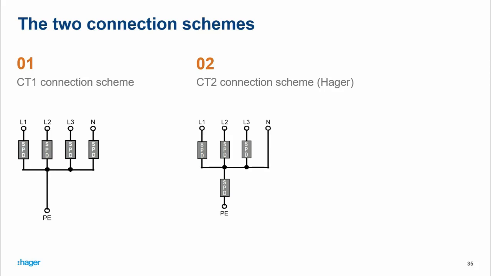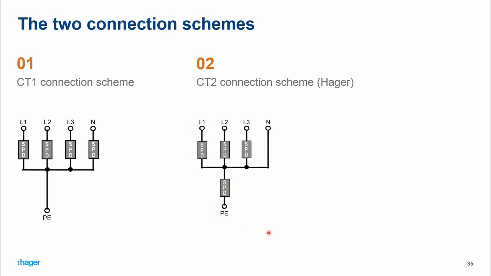CT2 provides more protection than the CT1, for the obvious reason, as you can see: the CT1 connection always protects with one SPD component between the line and PE, whereas the CT2 connection always has one SPD connection between line and neutral and two SPD components between line and PE.